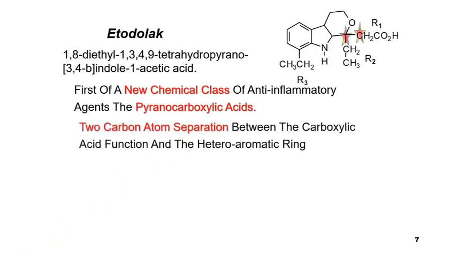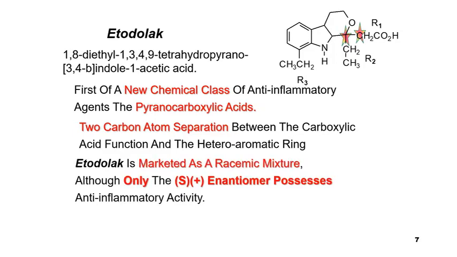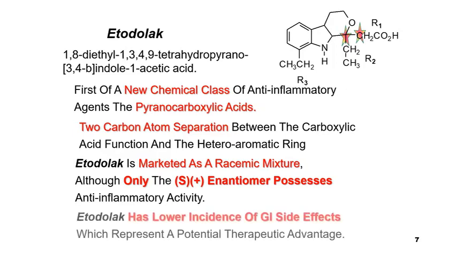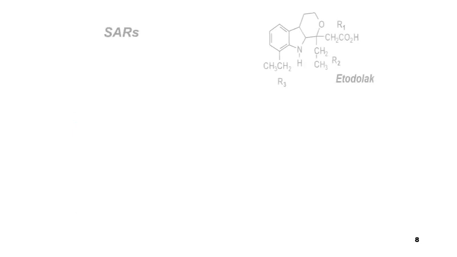Please keep in mind that there is a 2-carbon separation between the carboxylic acid function and the heteroaromatic ring. This structure has optical isomerism, where only its S-positive enantiomer is active as an anti-inflammatory drug. Etodolac was marketed upon release as a selective drug having less incidence of gastrointestinal side effects.